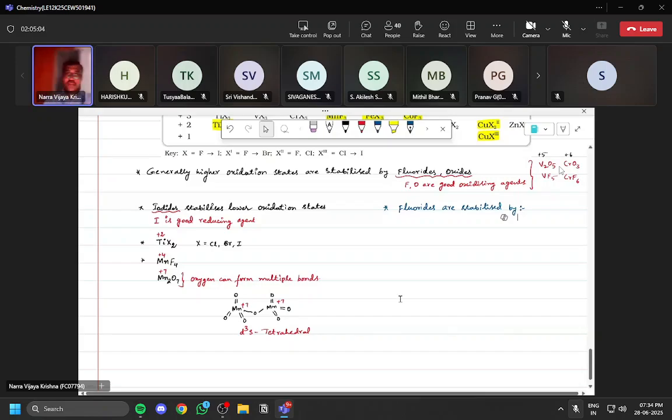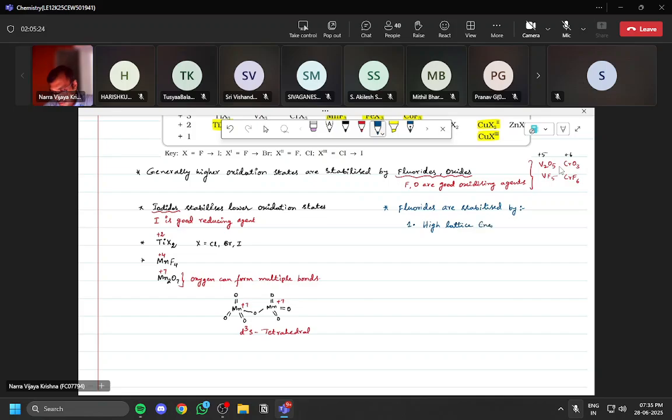Anyhow, see this point. Fluorides are generally stabilized by 3 points. 1, lattice energy. 2nd, bond enthalpy. 3rd point, higher oxidation states. So fluorides are stabilized generally by 3 points: 1, high lattice energy. 2nd point, bond enthalpy. 3rd point, higher oxidation states. These are the 3 points that stabilize fluorides.